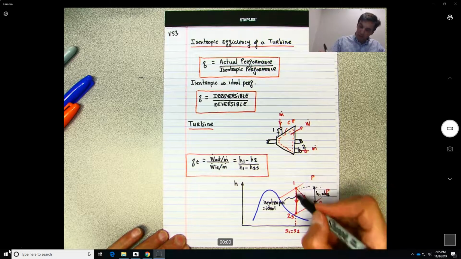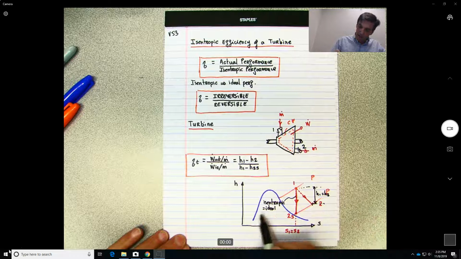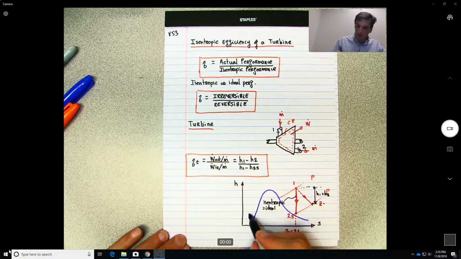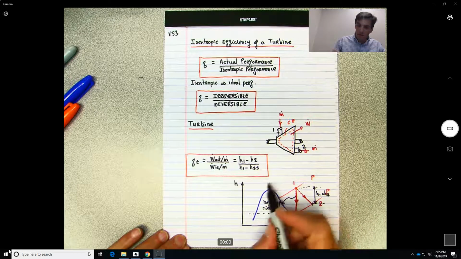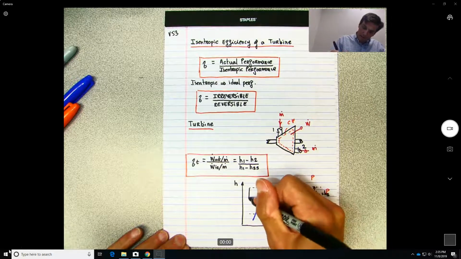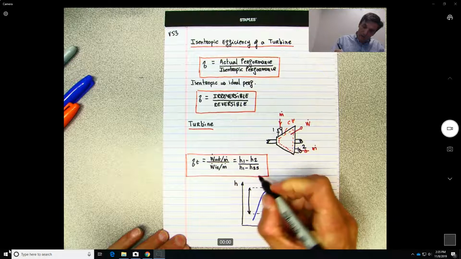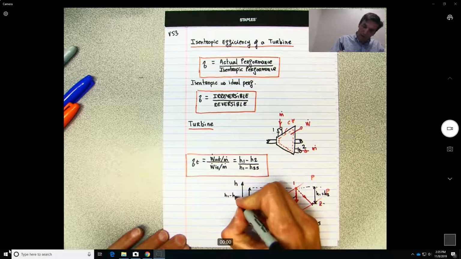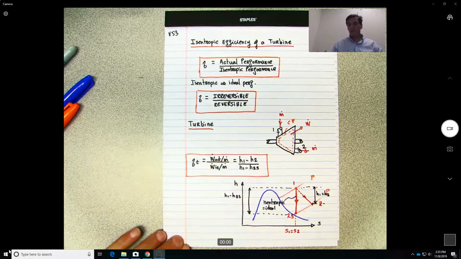And this one here will be H1 minus H2S. So that's basically what you have graphically.